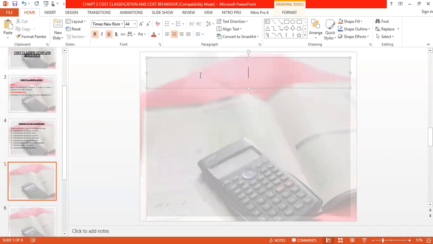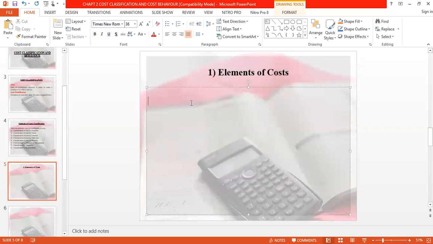So category number 1, classification of costs by elements, by looking at elements of what? Costs. In other words, classification of costs by their elements. How do we classify costs by their elements? That is what we want to focus on.